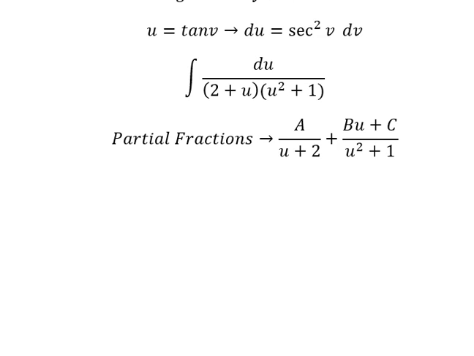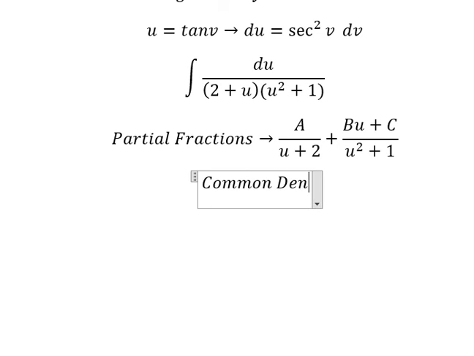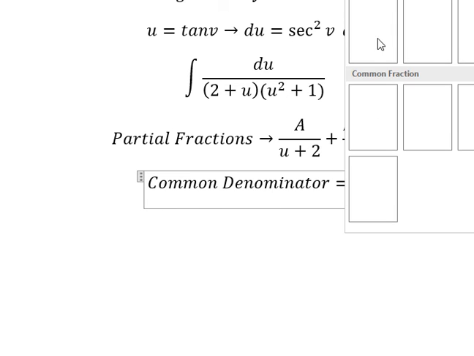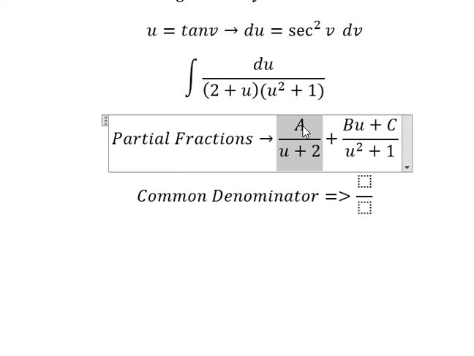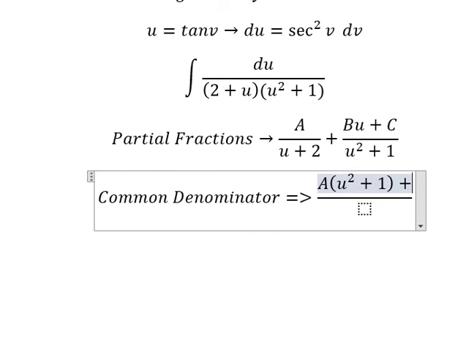Next, we need to do a common denominator. Now, about this one, capital A multiplied by u squared plus 1. And Bu plus C multiplied by u plus 2.